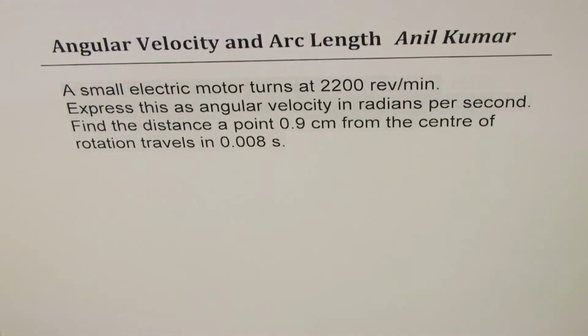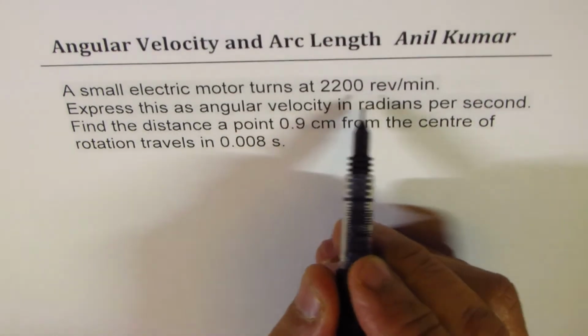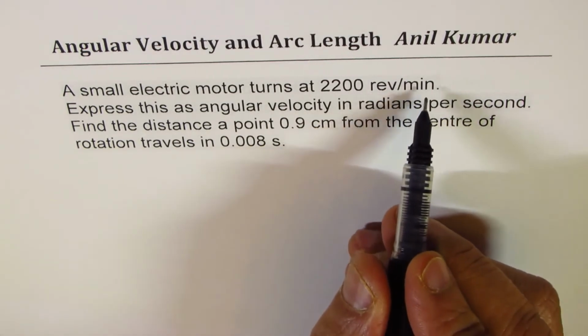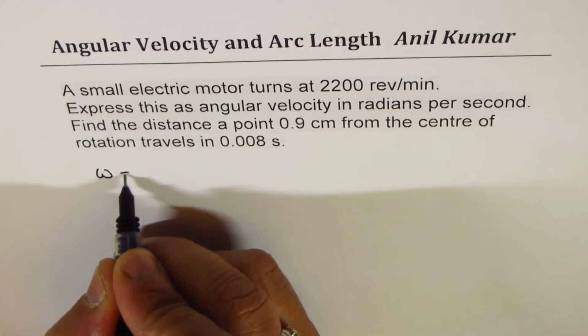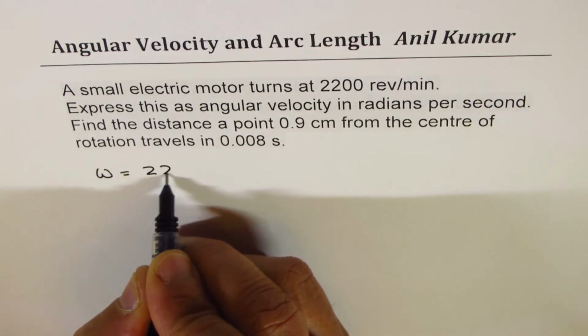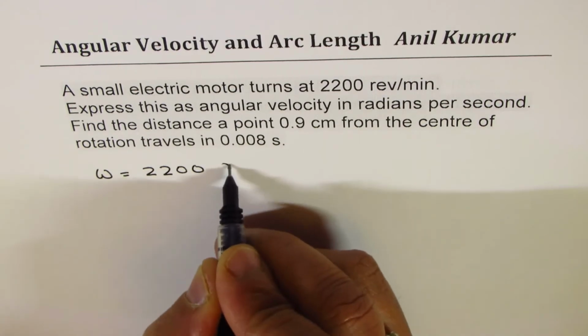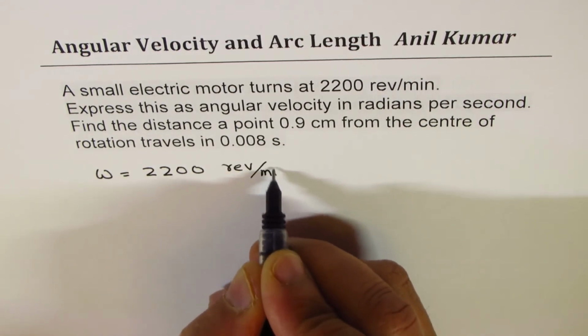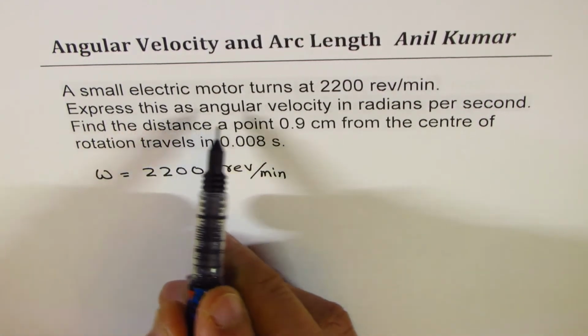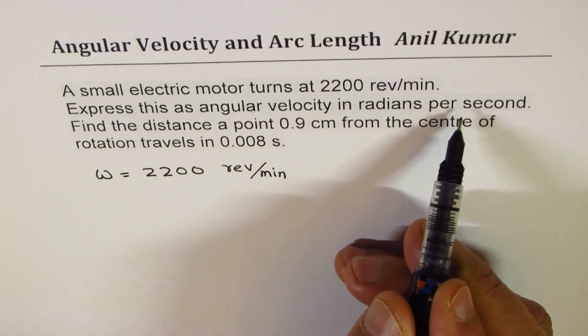Let's look into the next question, which is: a small electric motor turns at 2200 revolutions per minute. So this is our angular velocity omega, which is sometimes also given as revolutions per minute. Express this angular velocity in radians per second. That's the first part.